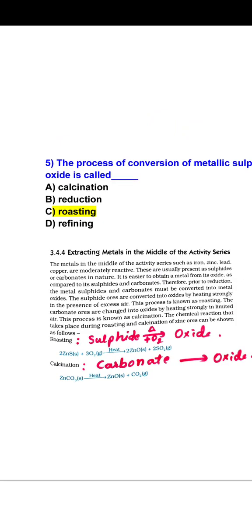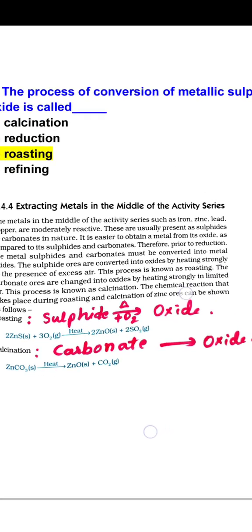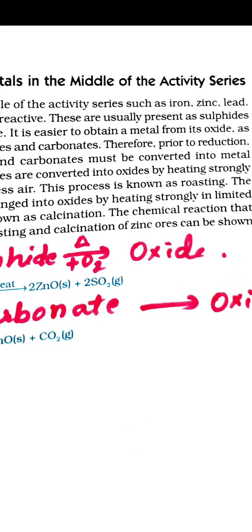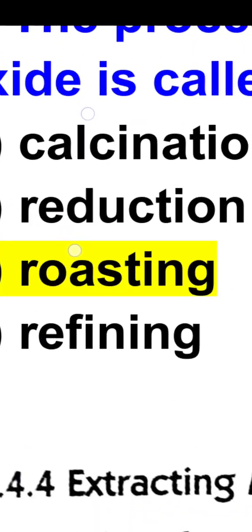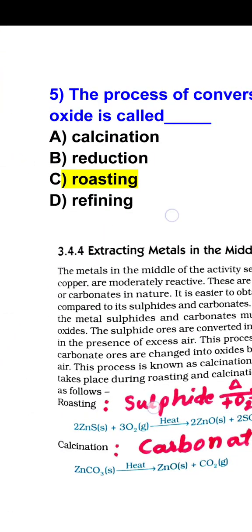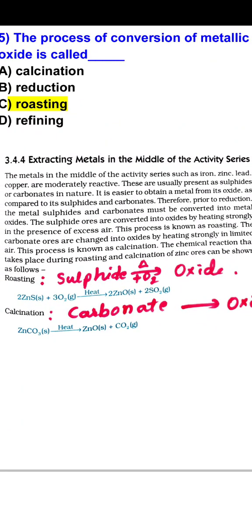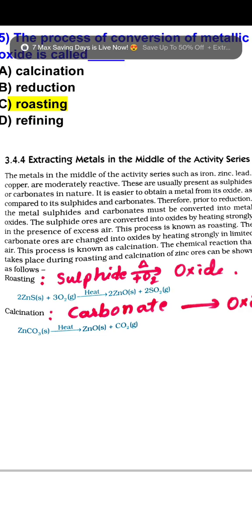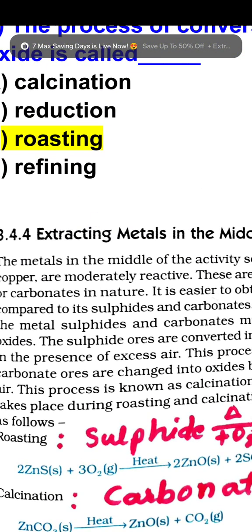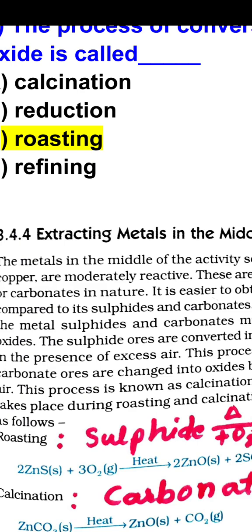These two steps are the intermediate steps before these oxides are converted to the respective metals by the process called reduction. In a reduction process, which will be the next step after roasting and calcination, we convert the oxide of the metal into the metal itself. Refining is the process which comes even after that.